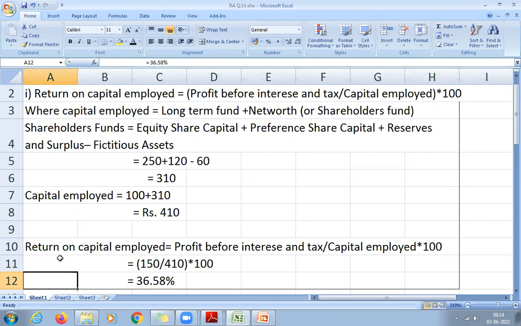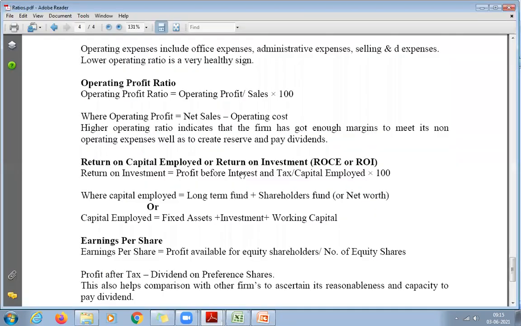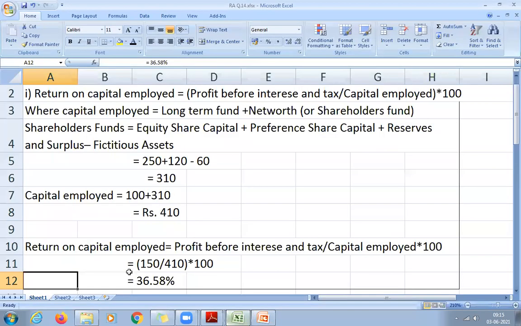You understand, students? Yes, sir. So what is the meaning of this 36.58? Their explanation is not given here, but you can interpret. Return on investment, sir.